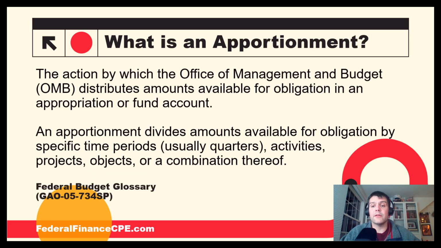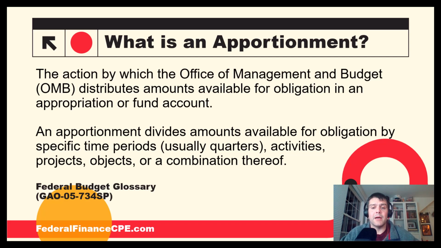Moving down our funding flow, let's look at apportionments. This is where the Office of Management and Budget controls the timing of spending. So what is an apportionment? Well, it's the action by which OMB distributes amounts available for obligation in an appropriation or fund account. An apportionment divides amounts available for obligation by specific time periods, usually quarters, activities, projects, or a combination thereof.